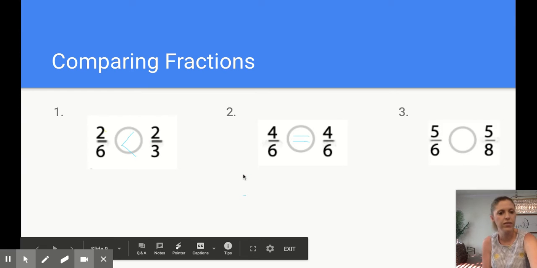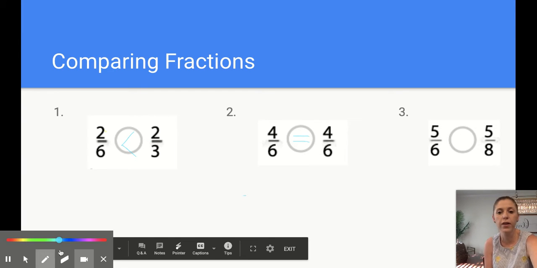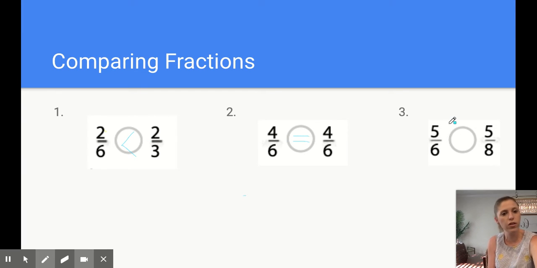And the next one, we have 5/6 compared to 5/8. So I can draw 2 models, so that I can effectively compare these fractions. I'm going to draw a circle and split this circle into 6 equal parts, as equal as I can. I'm not a robot, so it won't be perfect. All right, and I'm going to shade in 5 out of those 6 pieces.